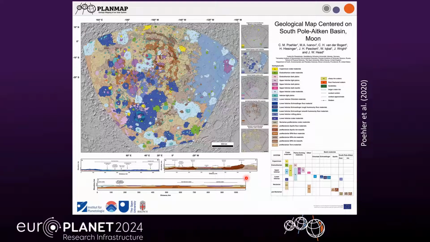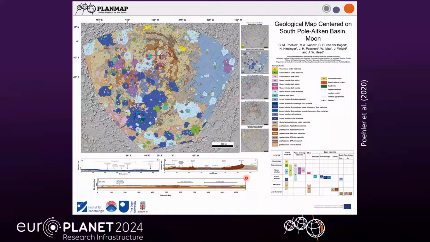You have an area that is of particular interest, and then you want to know, okay, what happened over the 4.5 billion years after the South Pole-Aitken Basin formed. There were craters that formed afterwards. There were volcanic events that happened. Mare basalt was erupted.